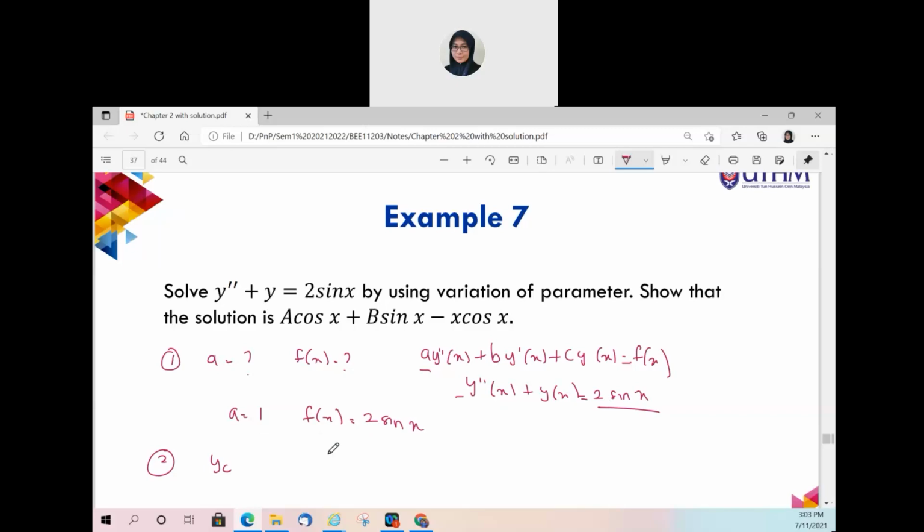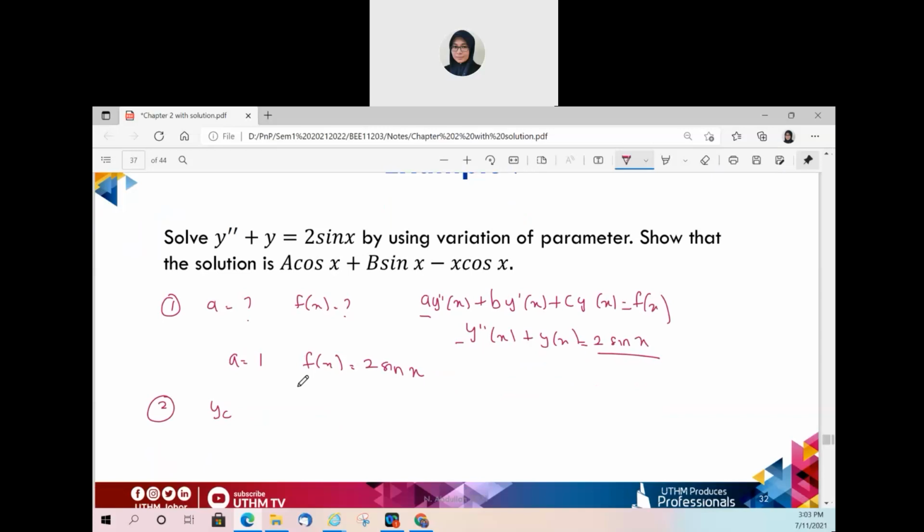Okay, so yc is from these homogeneous equations. y double prime plus y equals 0. Then your m square plus 1 equals 0, then m equals plus minus i. Right?